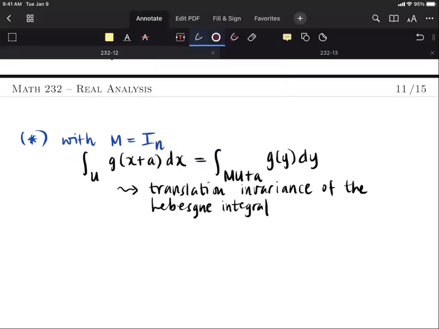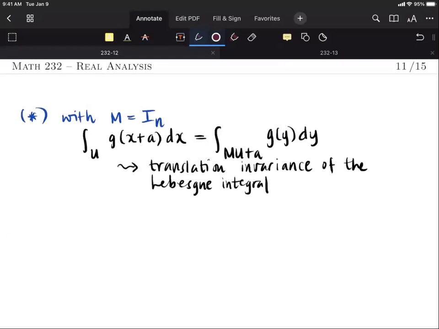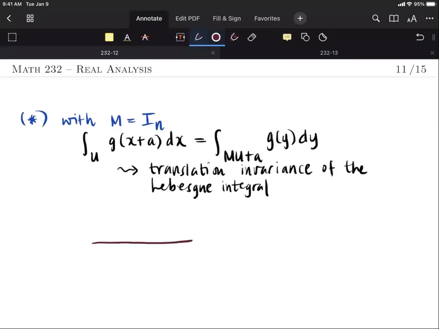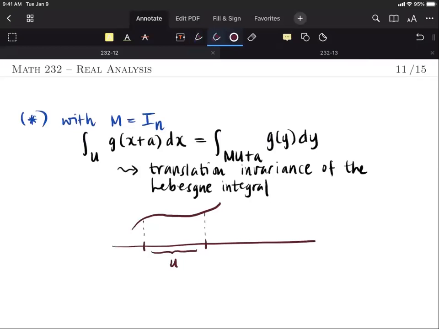For instance, you have, let's say, your domain U. Just think of an interval at this point, and you want to integrate over this domain. For this, let us just use the Lebesgue-Riemann integral and visualize this as an area.